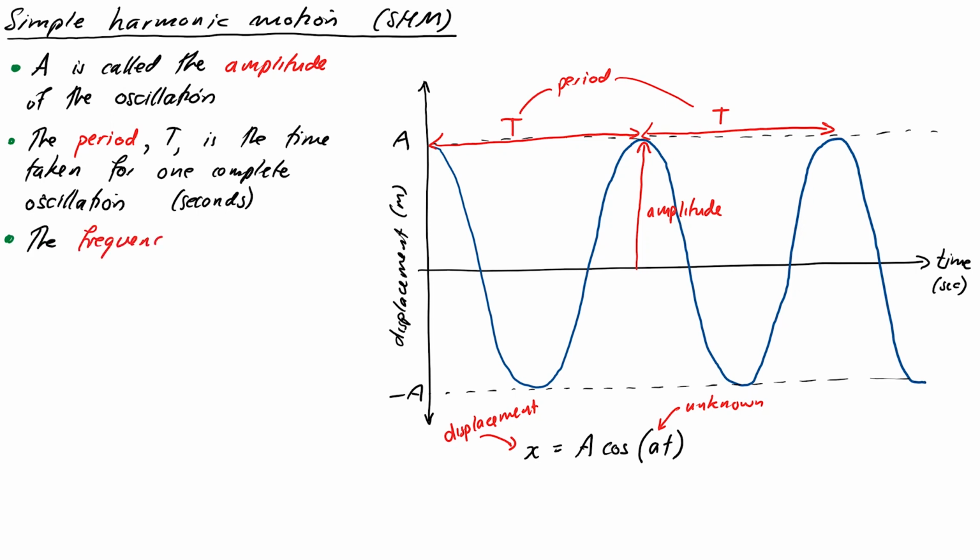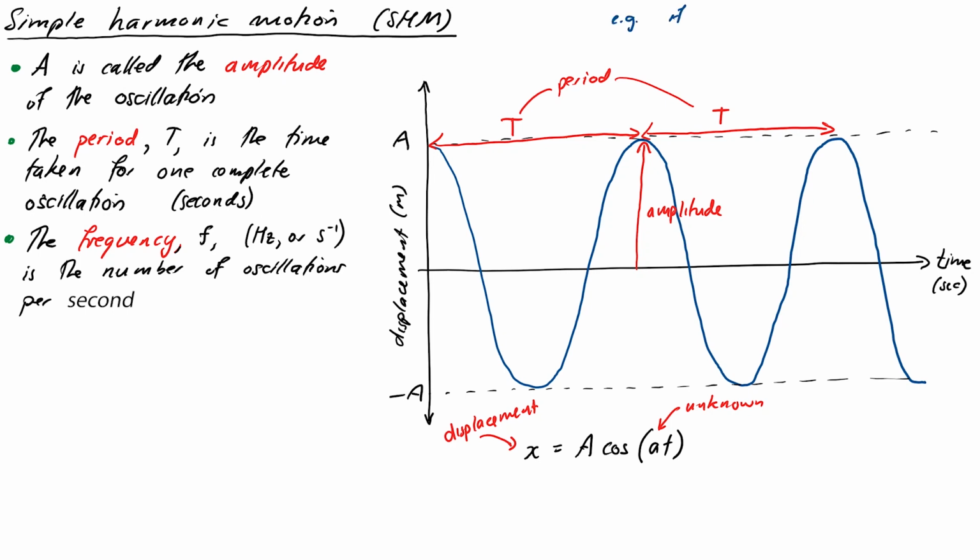Okay, now the next one is the frequency, and we usually write that with a lowercase f, and the units of frequency is hertz, the number of oscillations per second. Okay, number of complete cycles this mass goes through in 1 second. So if the period was 0.1 seconds, if it was a very fast spring, then you'd have, well, it must be 10 cycles in a second if the period was 0.1.